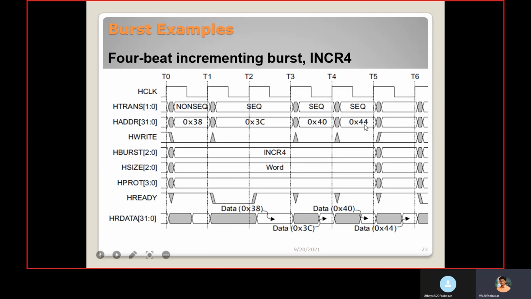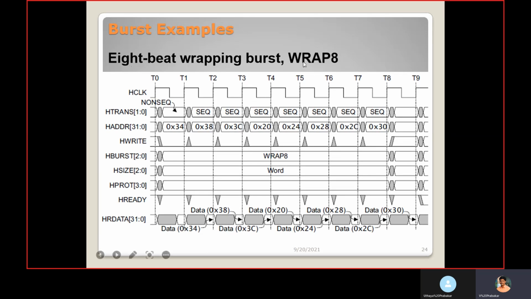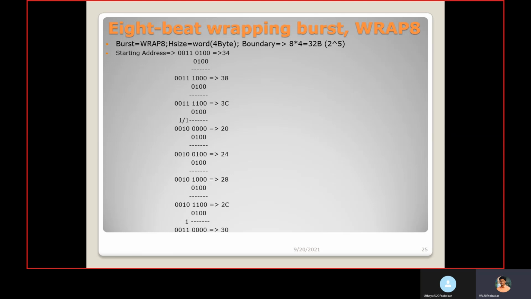The next example is an 8-beat wrapping burst. The size is a word. I will explain the calculation and then I will show the waveform.